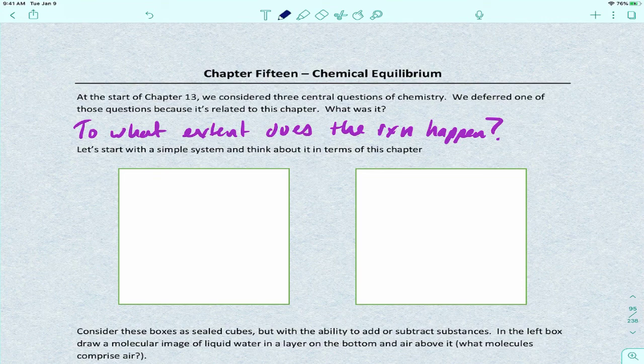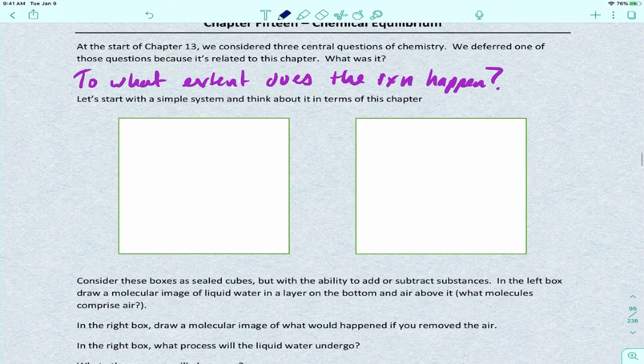Well, most of the time, no. And so what we want to do is find a way for us to quantify how much this reaction goes to completion. With that being said, let's start with a simple system and then think about it in terms of this new way of talking about to what extent this happens.